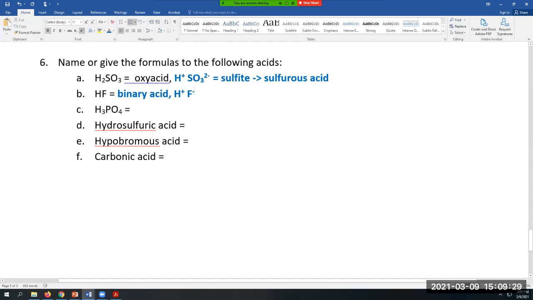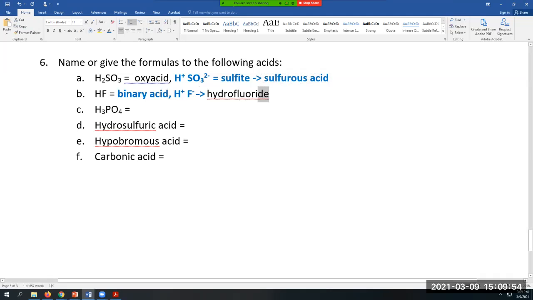So for a binary acid, you need the prefix hydro. Then you take the name of the nonmetal, so fluoride, but you change the ending to -ic.